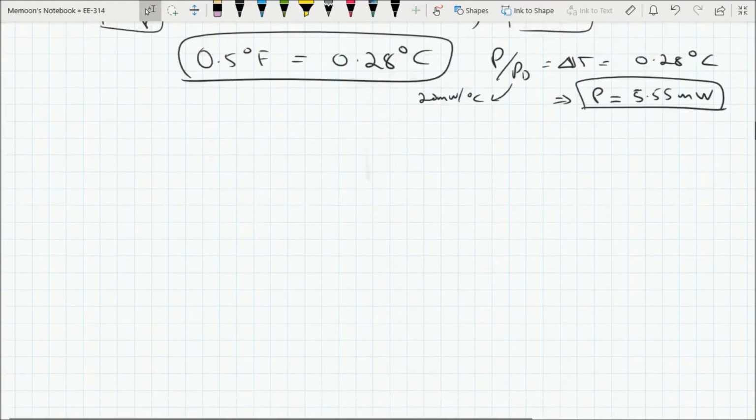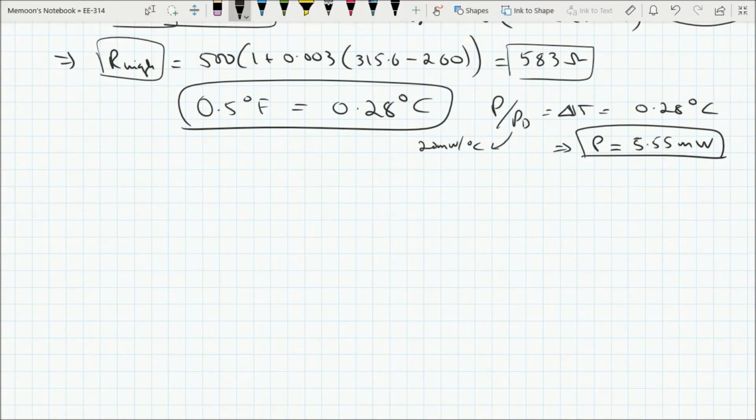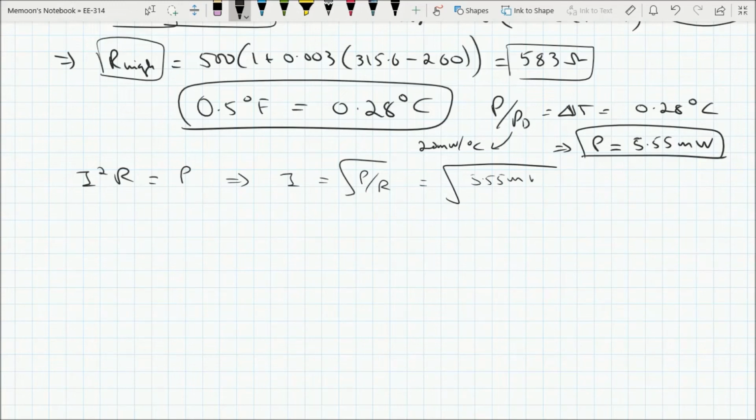We cannot let more power dissipate across that sensor to keep the error due to self-heating within the allowed range. So this means that I squared R is equal to P, and this implies that I is equal to the square root of P over R, and that is equal to the square root of 5.55 milliwatt over the resistance, 583 ohms, and this gives you a current of 3.08 milliampere maximum.